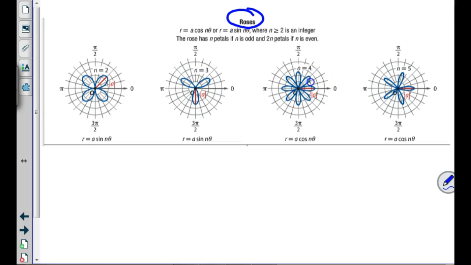If you put in a 4, it has 8 petals. If you put in a 5, it has 5 petals. Odd number is the number of petals. If you put in an even number, it's twice as many for the n value. And again, sine makes it have y symmetry. Cosine makes it have x-axis symmetry. But you will notice some of these have both x and y.